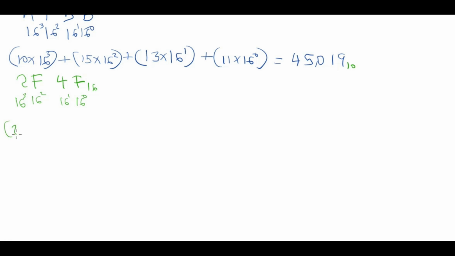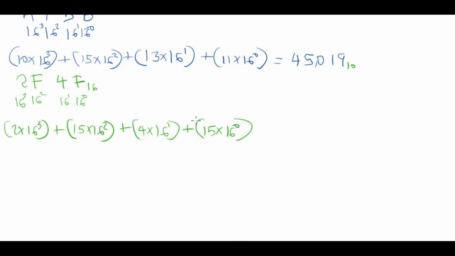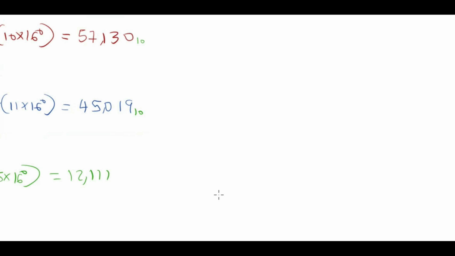So it's 2 times 16 power 3 plus F is 15 times 16 power 2 plus 4 times 16 power 1 plus F is 15 times 16 power 0. Any number times 16 power 0 is 1. So any number times 16 power 0 is the number itself. So this will give you 12,111.